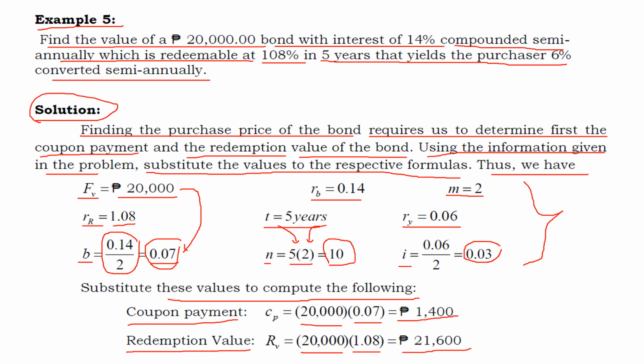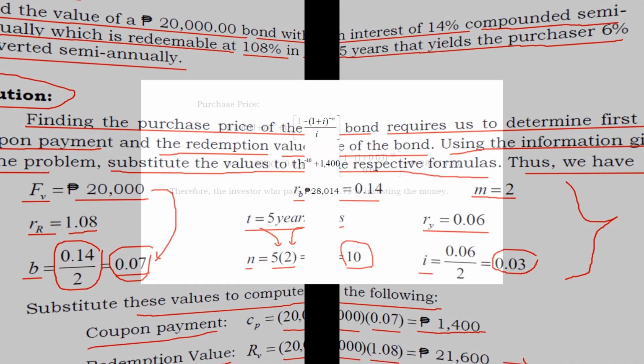That will be the redeemable. That's why the bond with interest at 14% compounded semi-annually is redeemable at 108%. It was mentioned in the problem that we simply use your 1.08 as a rate that will be multiplied to your 20,000 as your F sub B value for us to get the redemption value here. And your final answer for this one is 21,600 pesos.